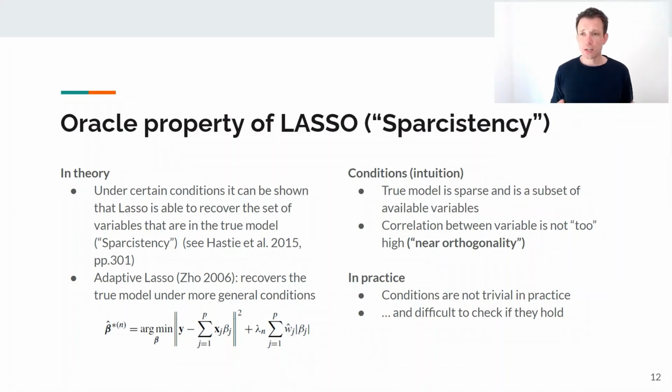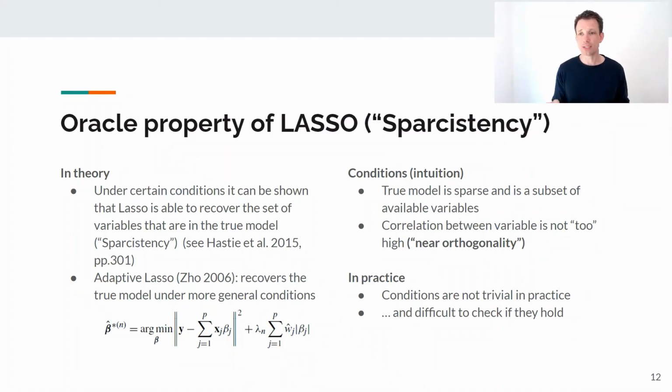So what are these conditions? Again, I'm only discussing them here in an intuitive way. The conditions are that the true model is sparse, so that the true world is linear and sparse and simple. And that the true model is a subset of all the available variables. So let's say you have 100 variables, then the true model needs to be within these 100 variables.